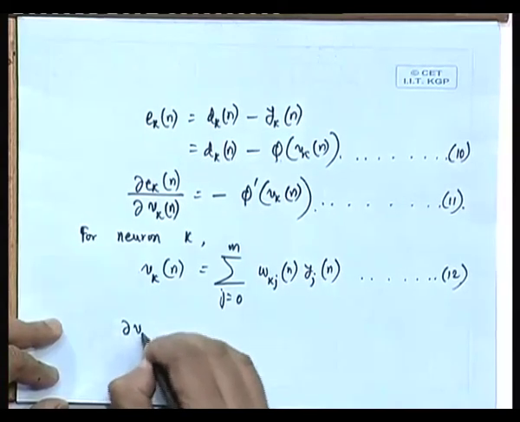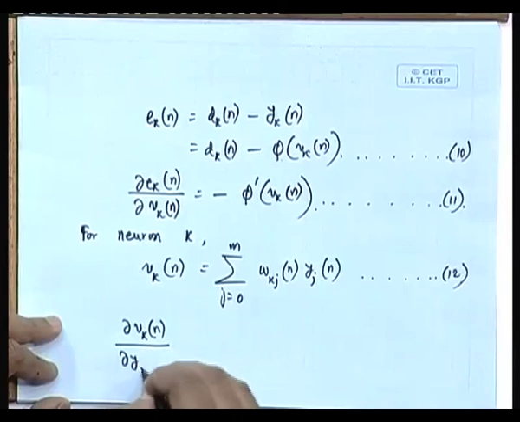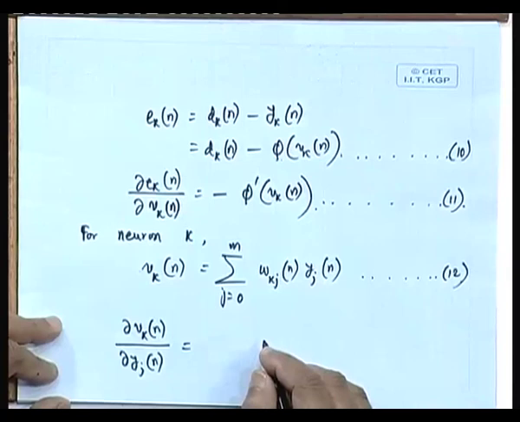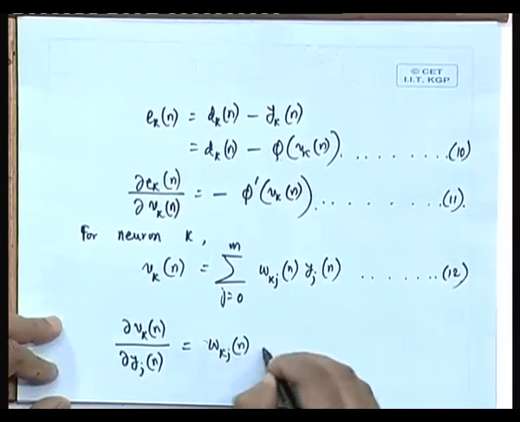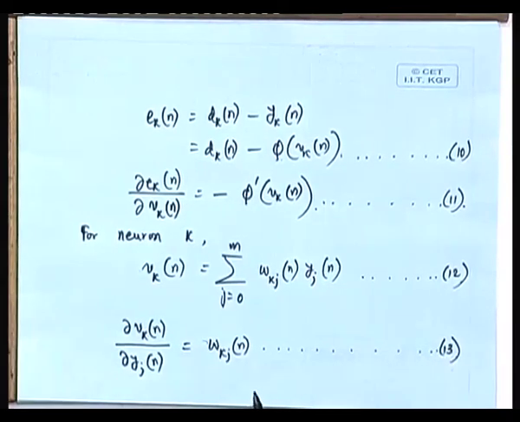So, from this it is easy to calculate dou Vk dou Yjn, and what is that? That is equal to Wkj of n. Very good. So, this is our equation number 13, right.